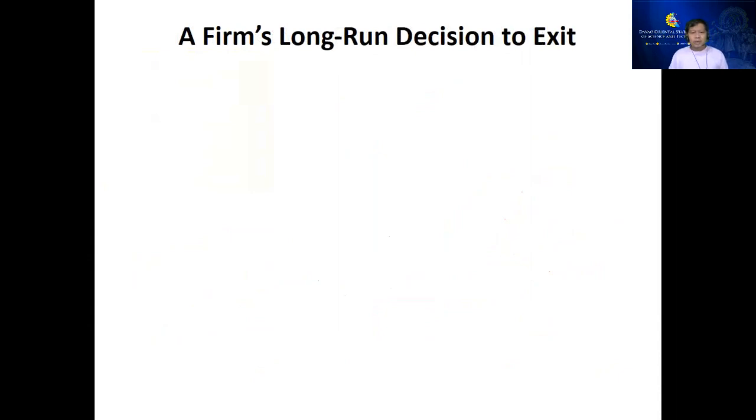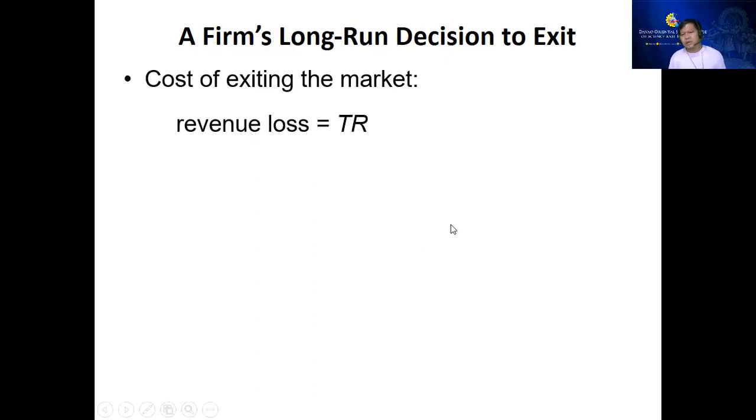Okay. So what about the firm's long run decision to exit? Kailan ba ang firm in the long run, more than 2 years, no, 5 years, no, to exit, no? So the firm's long run decision to exit, cost of exiting the market. What is the cost of exiting the market, no? When we exit the market, kung dili ta mo operate, ang ato ang lugi is a revenue loss equals total revenue.